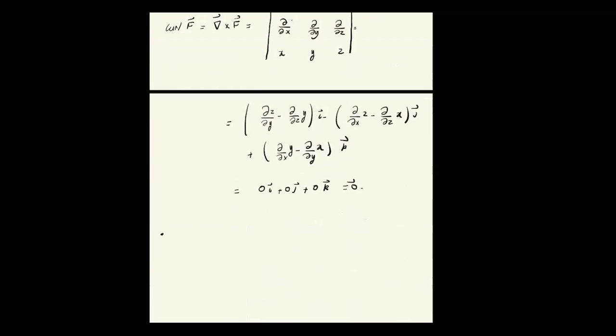Okay? So it turns out that the curl of a gradient field is always 0.